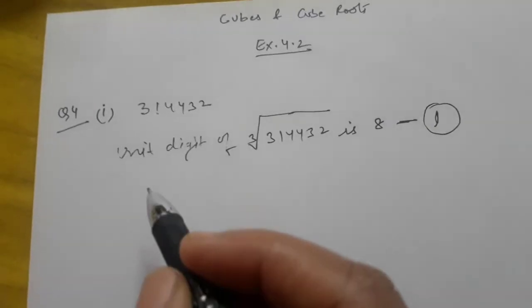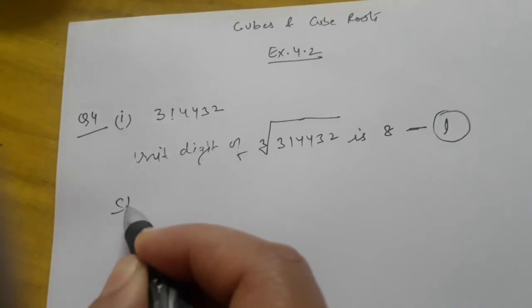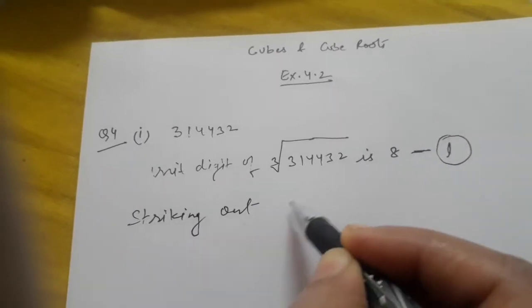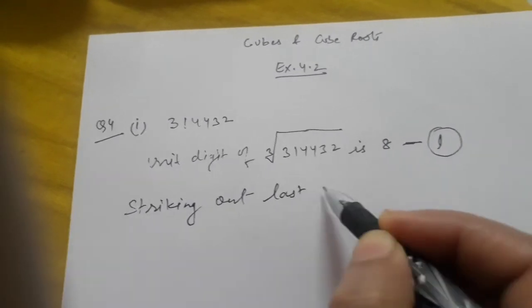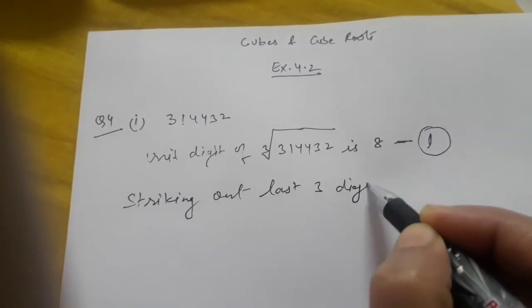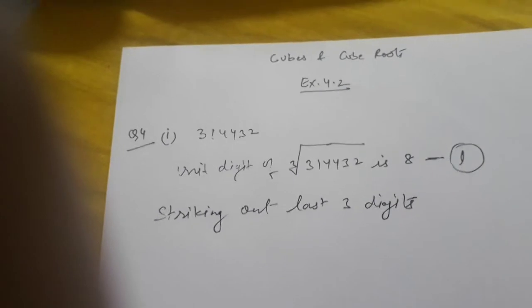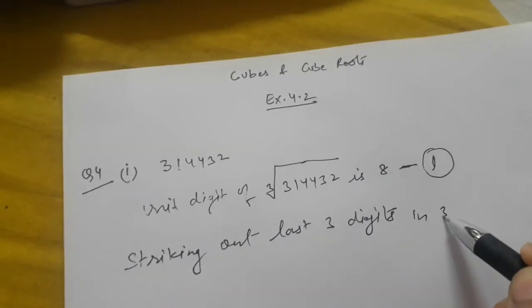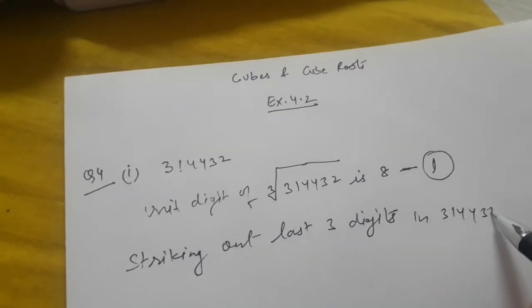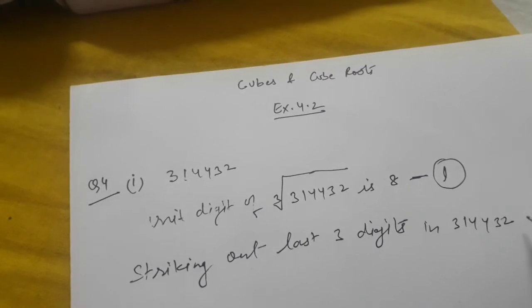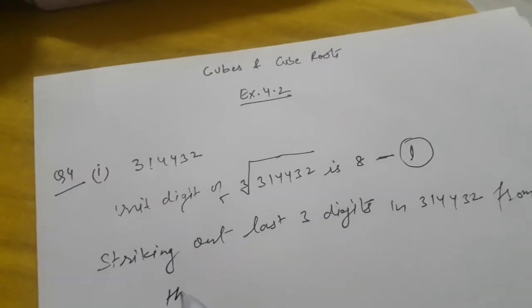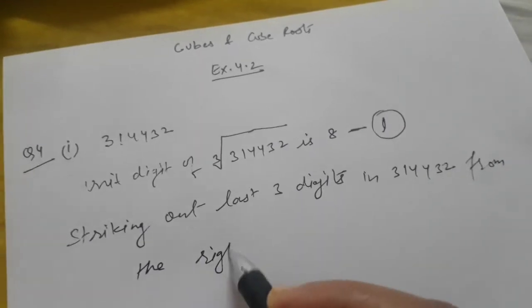Now, second step, striking out the last 3 digits in 3,14,432 from the right.